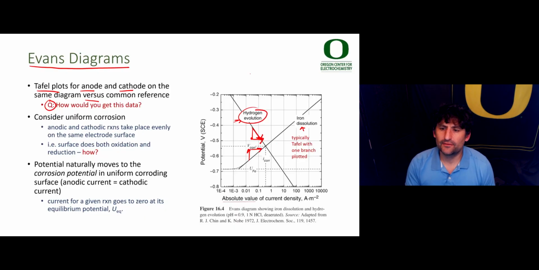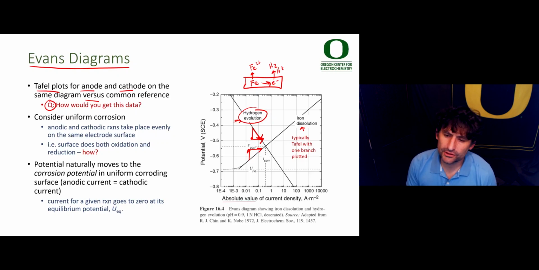Of course, if we have a cell where you have iron dissolving and hydrogen getting evolved, where electrons are coming from the iron, reacting with the protons and making hydrogen, the current associated with iron oxidation must be equal to the current associated with proton reduction. So we can go on this plot here, and we can see where those two Tafel plots intersect.